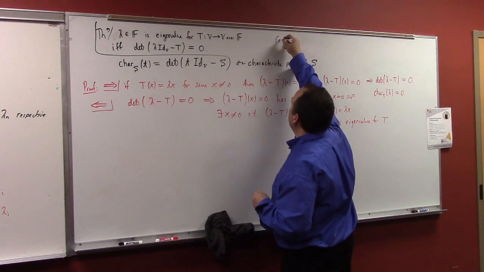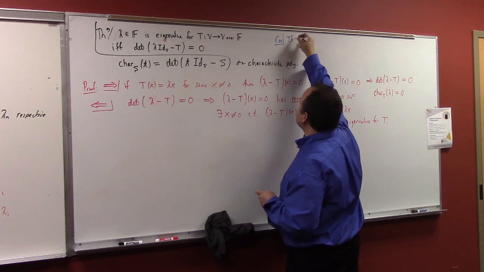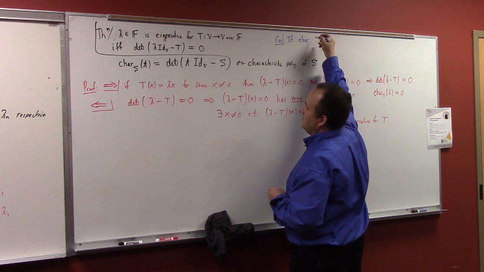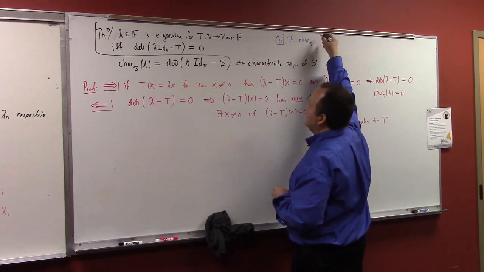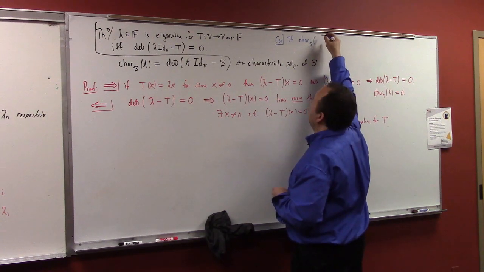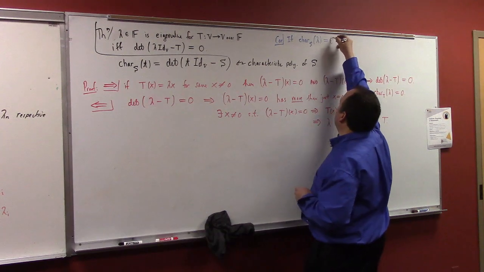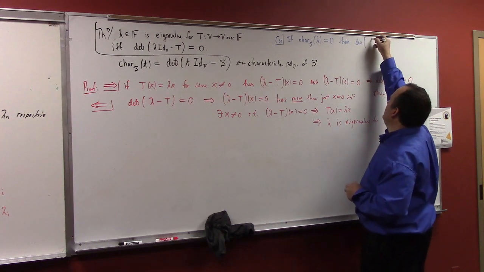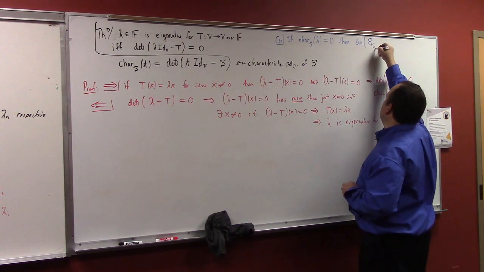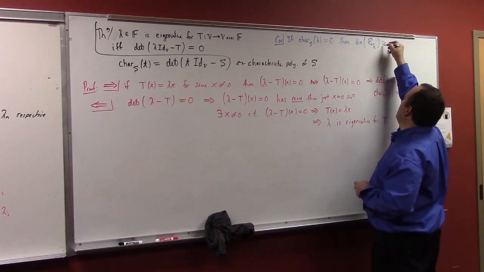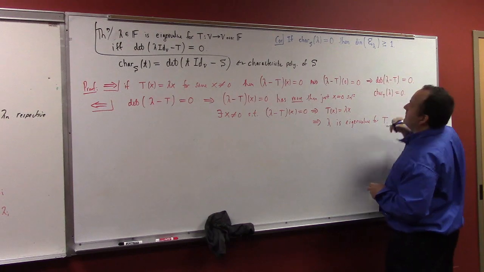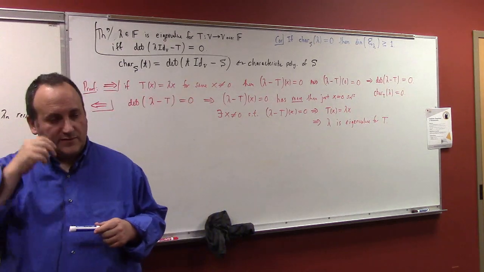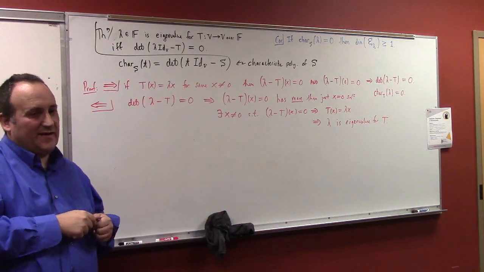Corollary: if we calculate the characteristic polynomial of a linear transformation, I'm going to call it S, and that of lambda is equal to 0, then the dimension of the eigenspace of lambda is greater than or equal to 1. In other words, there is at least one eigenvector.